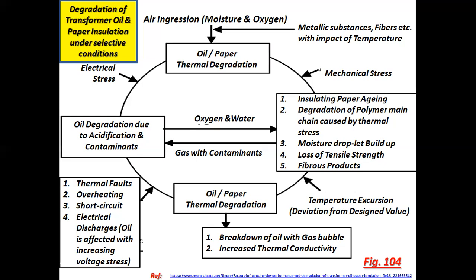Now oil and paper thermal degradation happens. Temperature excursion, deviation from design value. And in case of oil degradation, thermal faults, overheating, short circuit, electrical discharges, oil is affected with increasing voltage stress.